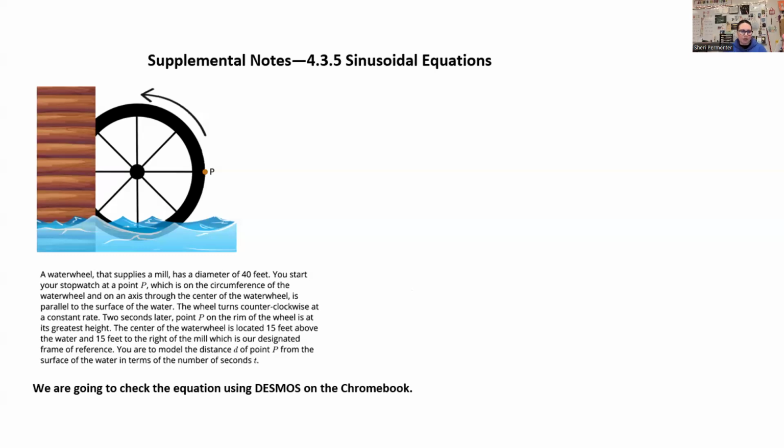The water wheel turns counterclockwise at a constant rate. 2 seconds later, point P on the rim of the wheel is at its greatest height. The center of the water wheel is located 15 feet above the water and 15 feet to the right of the mill, which is our designated frame of reference. You are to model the distance D of point P from the surface of the water in terms of the number of T seconds.